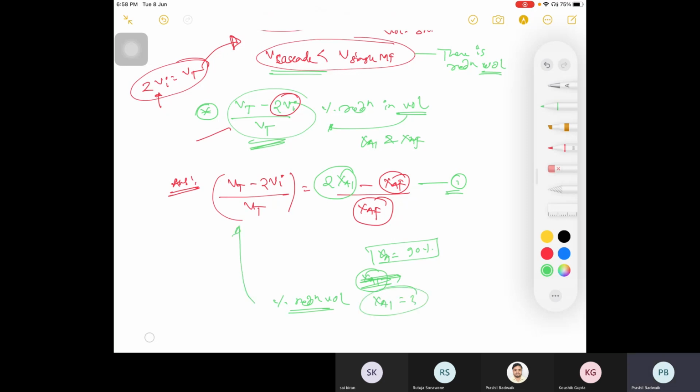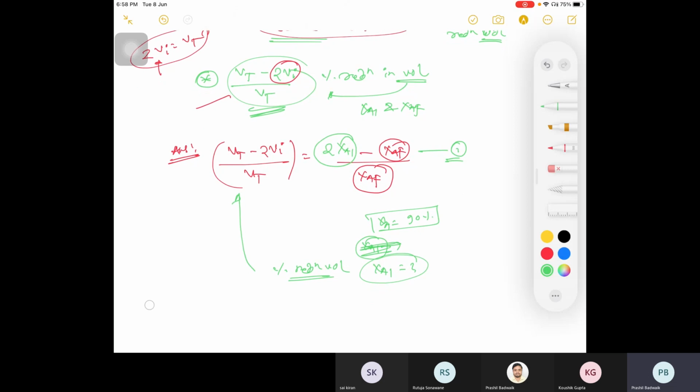So you can directly use this formula, twice XA1 minus XAF, and you can have your answer. Any doubt here? No, sir. Okay.